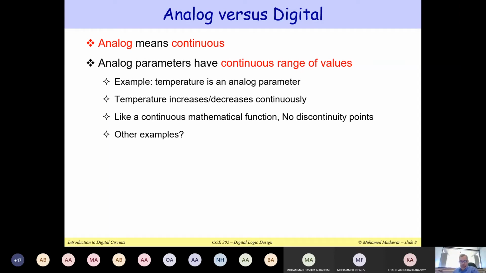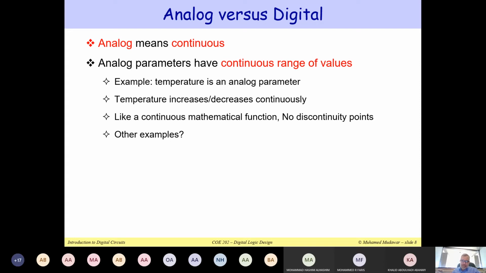For example, temperature is considered to be an analog parameter. The temperature increases and decreases continuously. It's like a continuous mathematical function.